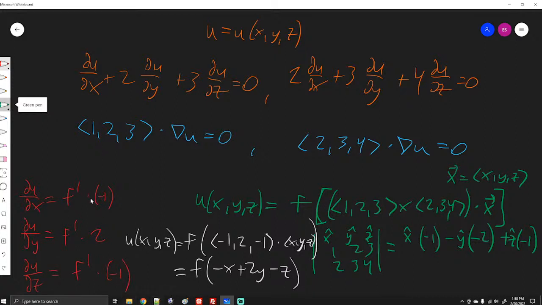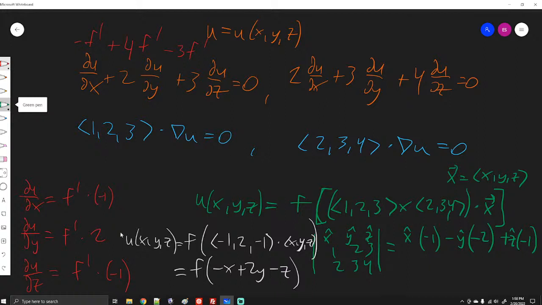So if I plug in these formulas into the PDE, for this first PDE I get negative f prime, and then plus 2 times 2f prime, so that's 4f prime, and then it's going to be minus now because of this negative 1, so minus 3f prime. And this does indeed add up to 0, so this first PDE is satisfied.